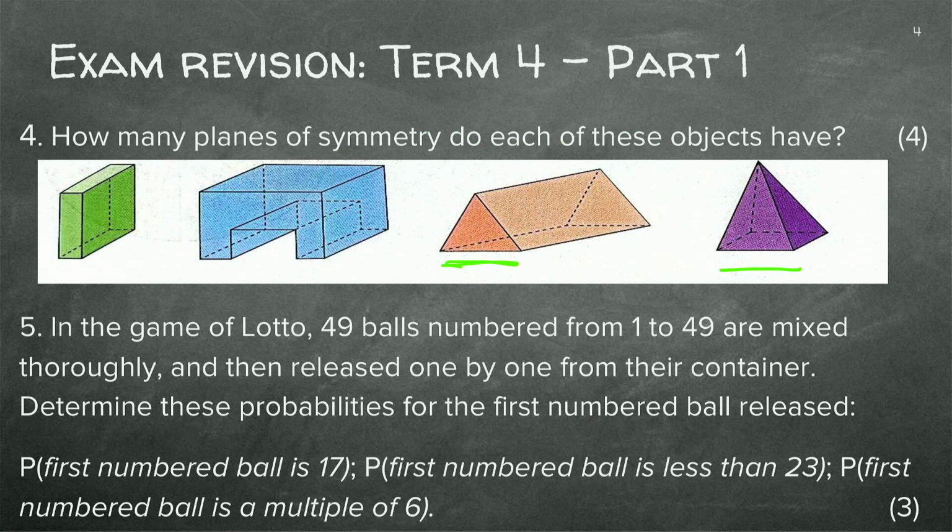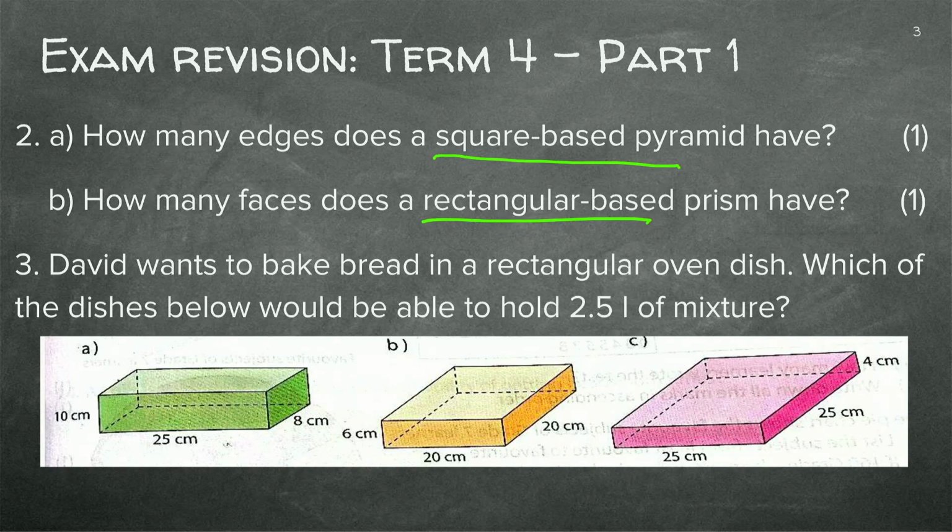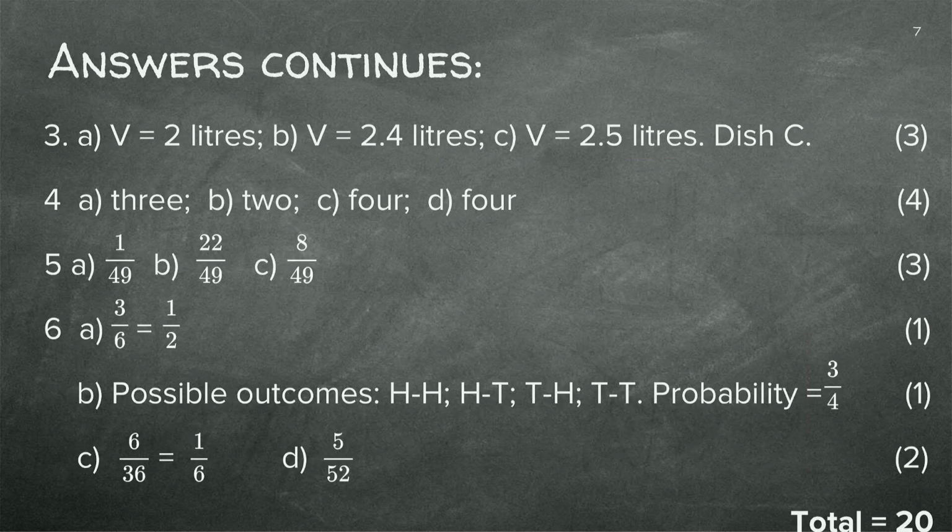It's got 1, 2, 3, 4, 5, 6, 7, 8 edges. And they ask us the faces of a rectangular-based prism. And we can just use this one at the bottom here. So it will be 1, 2, 3, 4, 5, 6 faces. So congratulations if you managed to answer that one.